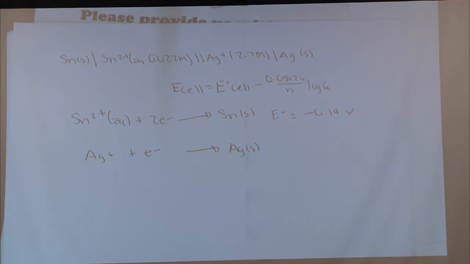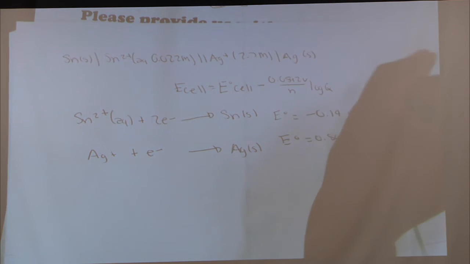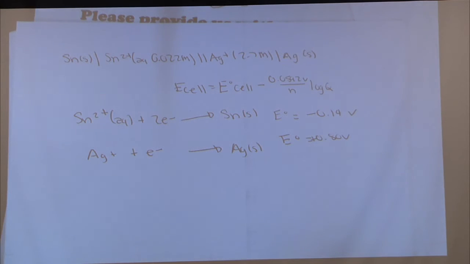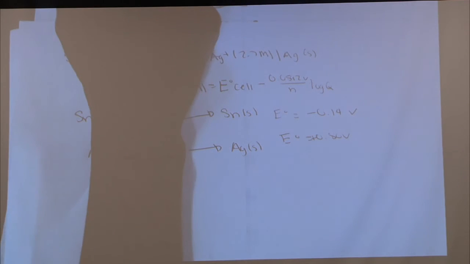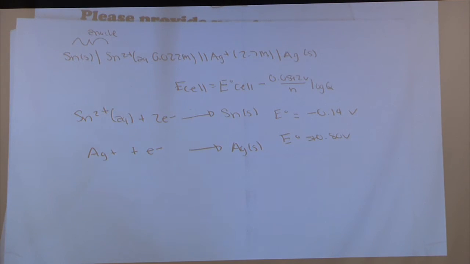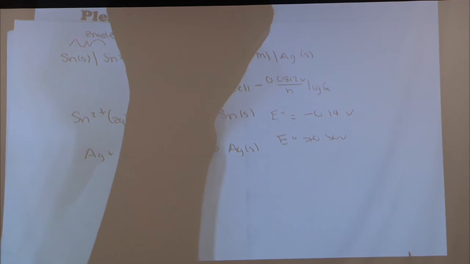Great, so we can figure out which one's the cathode and which one's the anode just from looking at what was given from a cell notation. This is 0.80 volts plus. Okay, so we know right here is the anode, and what happens at the anode? Great, yeah, it's going to move from the anode to the cathode, and also there's oxidation happening at the anode.